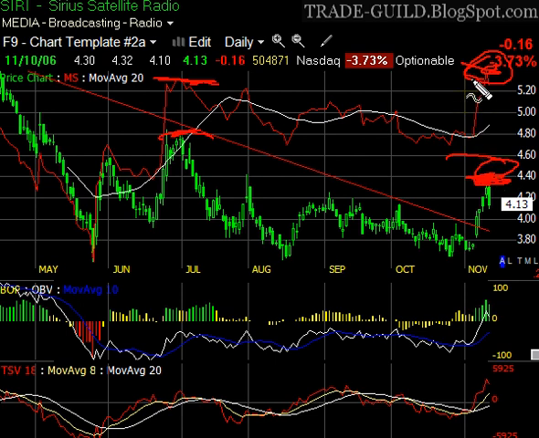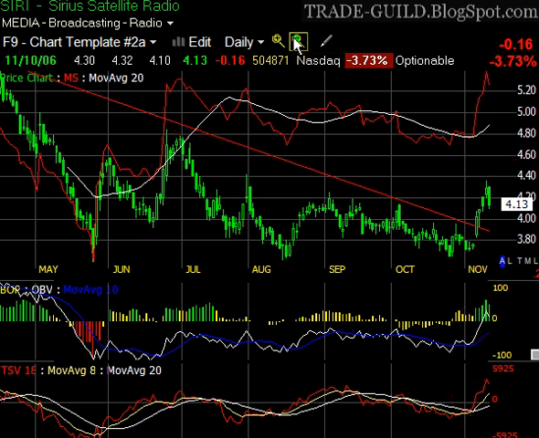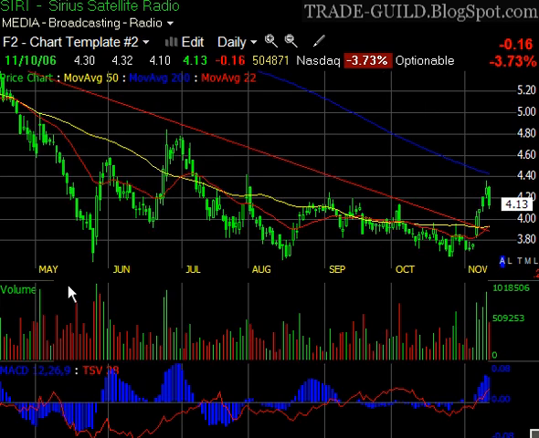That means there's more money flowing into the stock down here than there was up here. BOP looks good. On balance volume looks good. And TSV over here is making new highs for, I don't know how long. Let's take a look how long. Since April. So all in all, Sirius Satellite Radio looks pretty darn good.